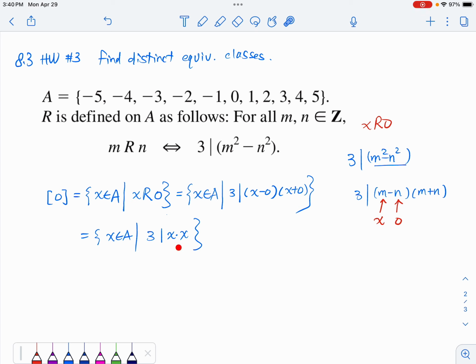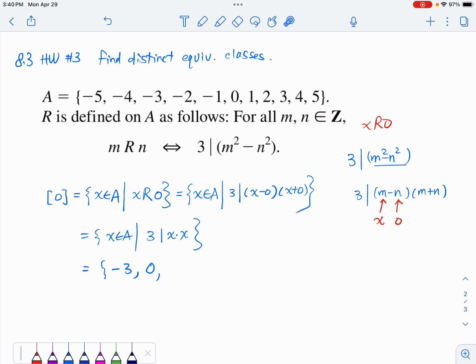Definitely, 3 does divide 9, so -3 is one of them. Just skimming through, 3 does not divide -2 times -2, and 3 does not divide -1 times -1. 3 does divide 0 times 0, which is 0, so 0 should be in here.